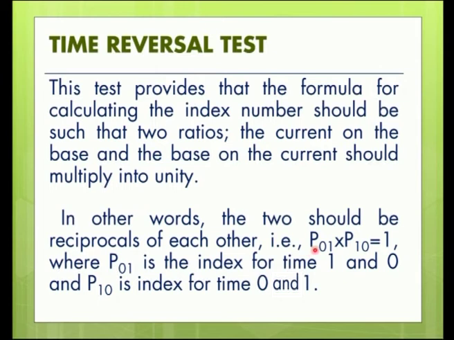The current year price index with respect to the base year is represented as P01, and the base year with respect to the current year is represented as P10. That product should be equal to 1. So, P01 into P10 should be equal to 1, where P01 is the index for time 1 on 0, and P10 is the index for time 0 on 1.